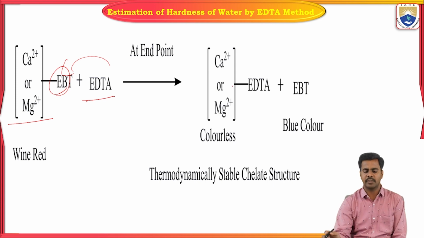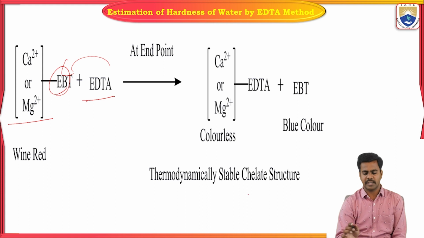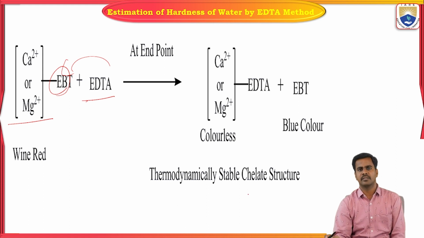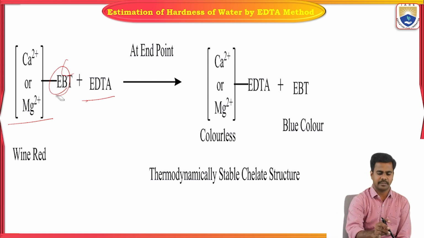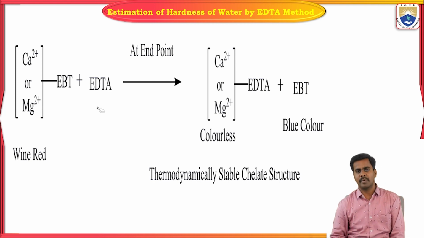So calcium magnesium EDTA is a strong ligand, which is colorless. That is the principle of the complexometric method. That is the principle of estimation of hardness of water by using EDTA.